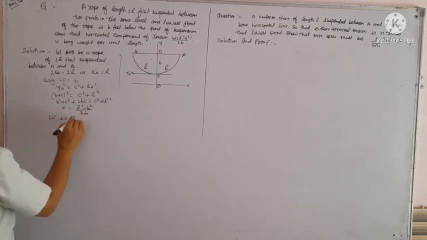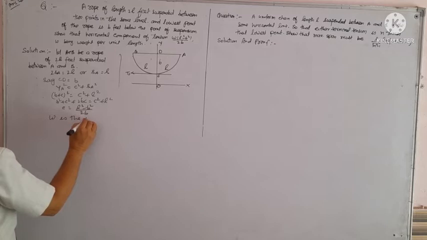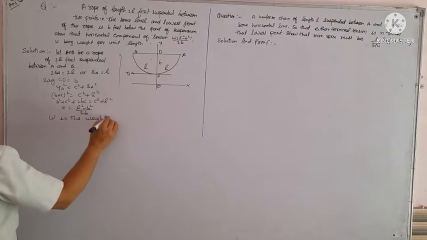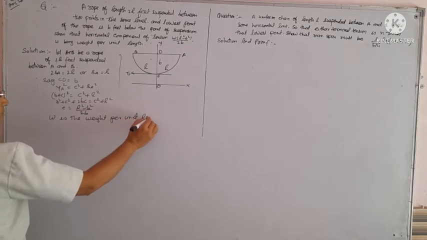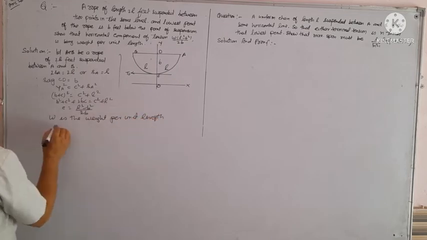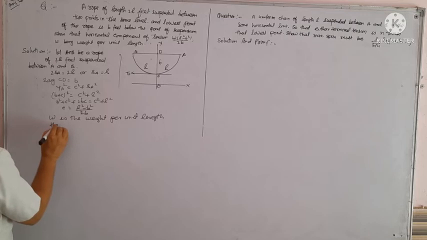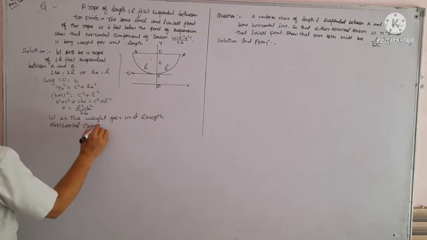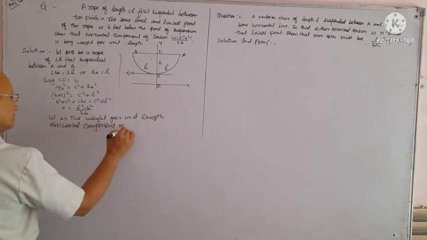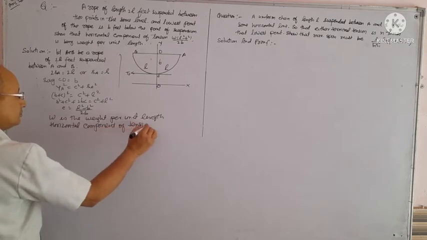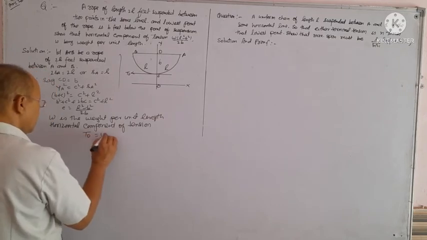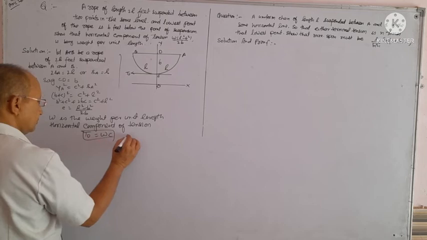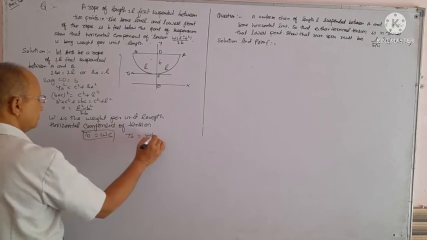W is the weight per unit length. The horizontal component of tension T naught equals WC, or T naught equals W times (L square minus B square) upon 2B.